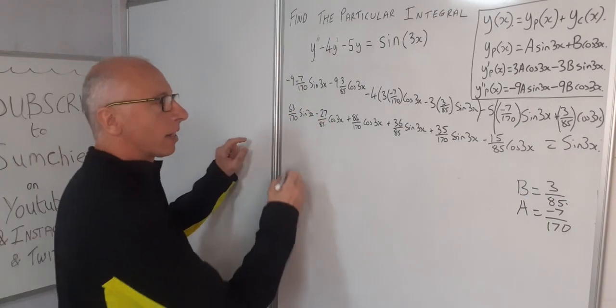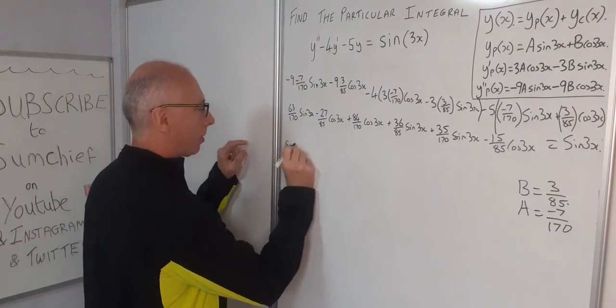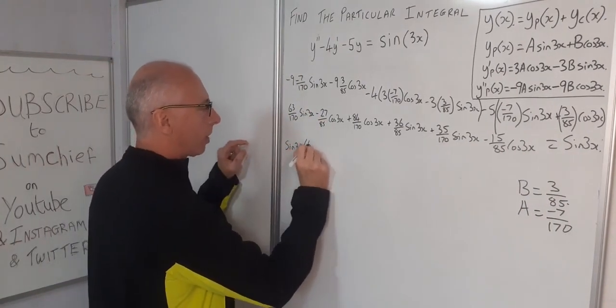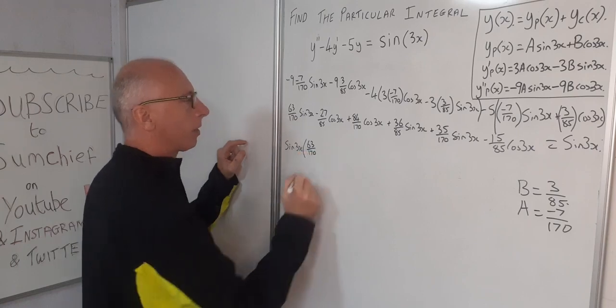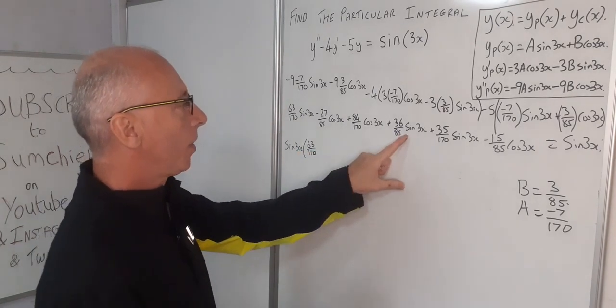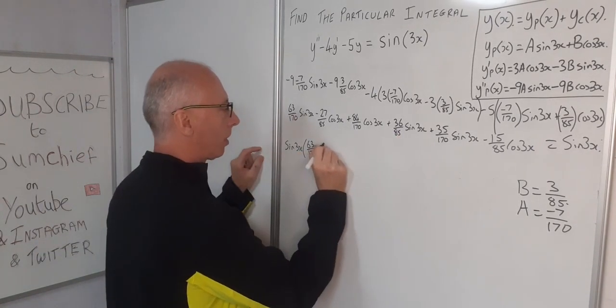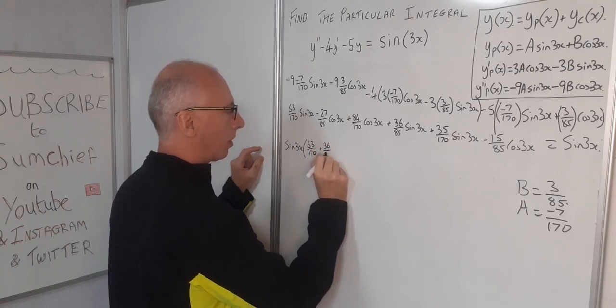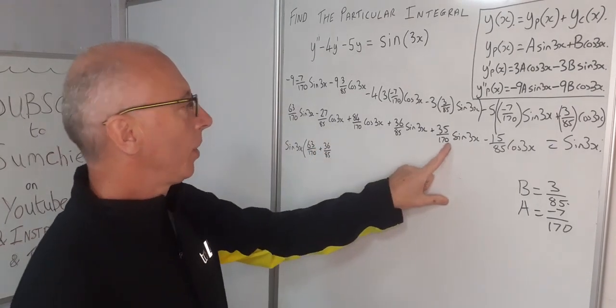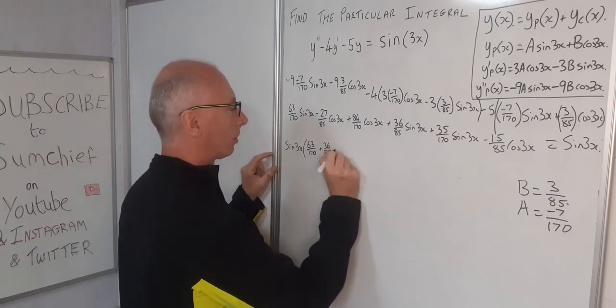Okay, sine 3x, let's get them all together. So sine 3x, got 63 over 170, 36 over 85, and 35 over 170.